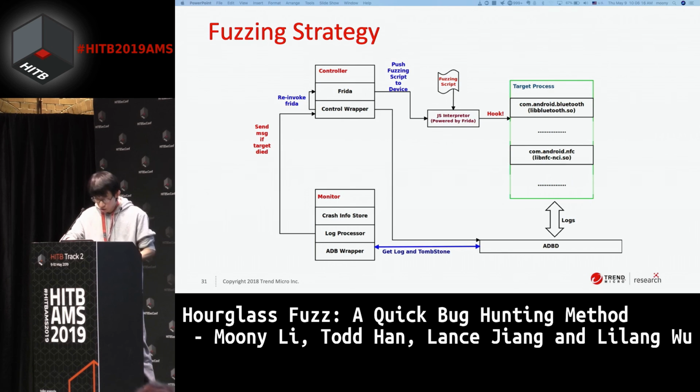And the monitor takes the responsibility to collect logs, crash dumps, and remove duplicate crashes. We also have the controller make sure that the target is alive. And here ADBD plays a very important role for our monitor, because our monitor uses logcat to retrieve logs from the device and also pulls out the tombstones from the device via ADB.